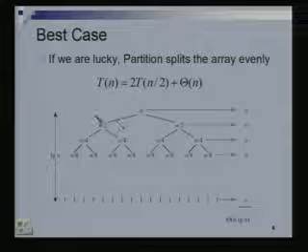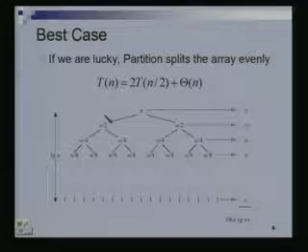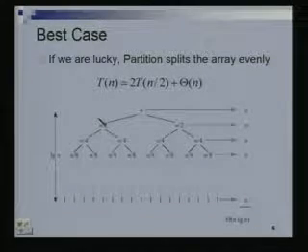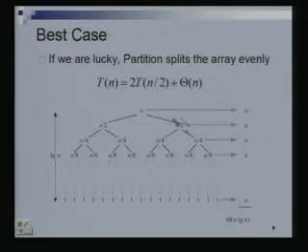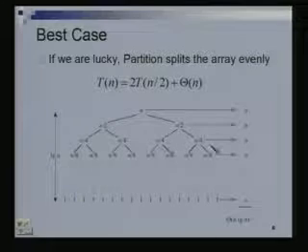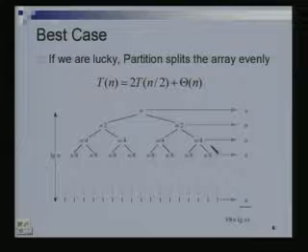Then when I did a quicksort on this, again I was lucky, I picked a pivot such that it divided the thing into two parts. And when I did my quicksort on this, again it divided it into two equal parts, and so on and on.